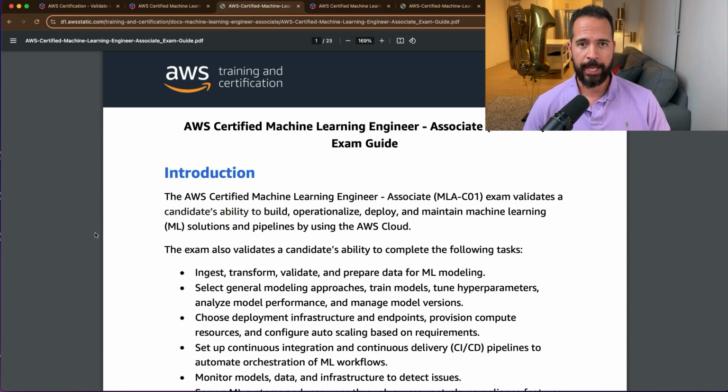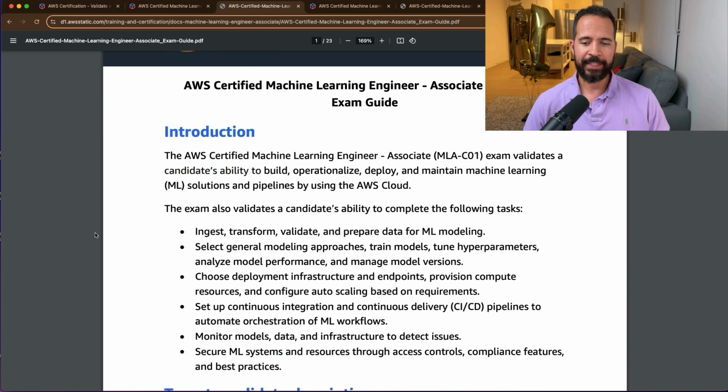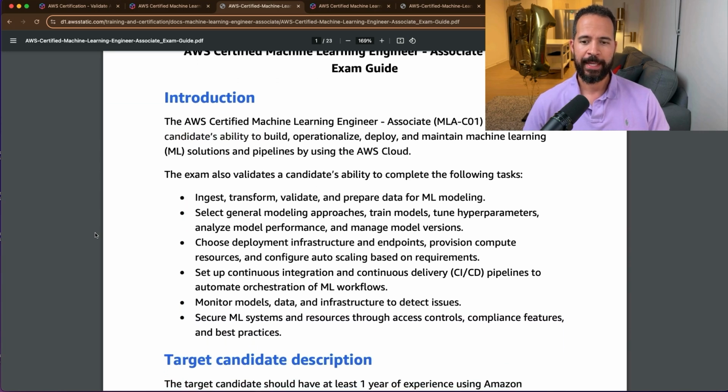This exam is going to validate your ability to build, operationalize, deploy, and maintain machine learning solutions and pipelines on AWS Cloud. The exam guide does a really nice job digging into this for the Machine Learning Engineer Associate.